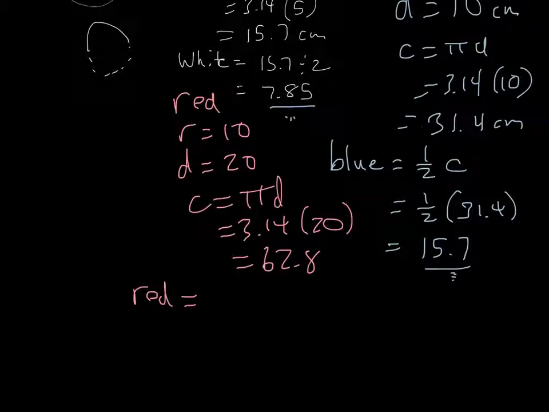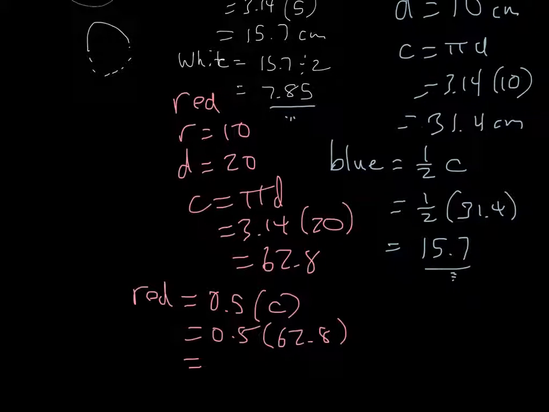So maybe I would write it like this, 0.5 times circumference equals 0.5 times 62.8 equals 31.4, which again is double of this. And it is 4 times that one up there. So that makes sense because the diameter is 4 times bigger than this, and it's twice as big as this for that example. So now what's the whole length of that line?